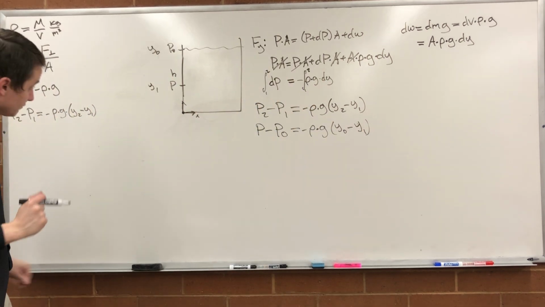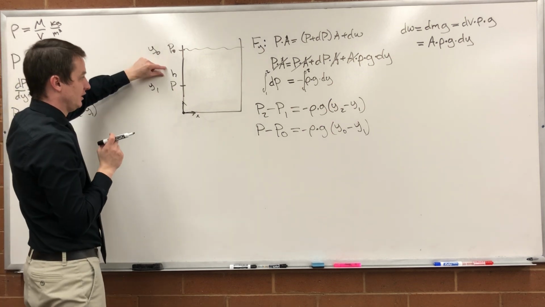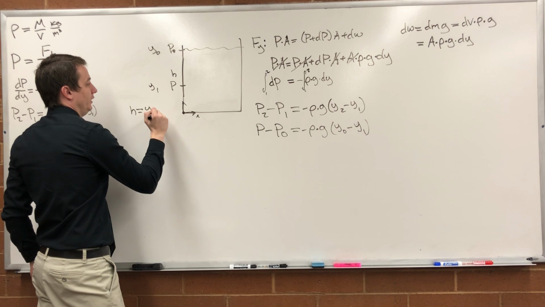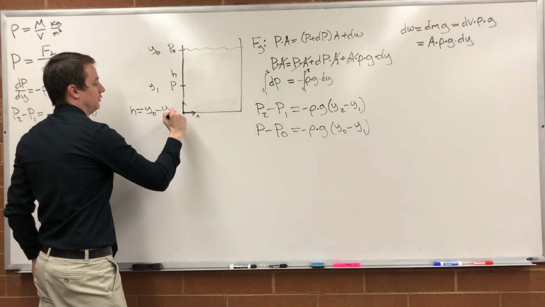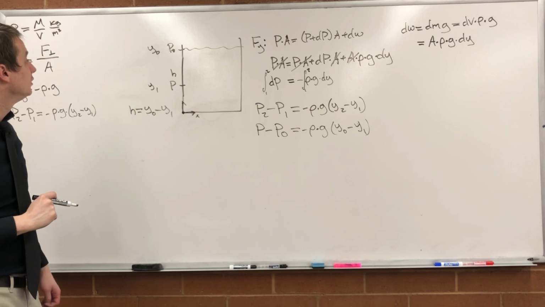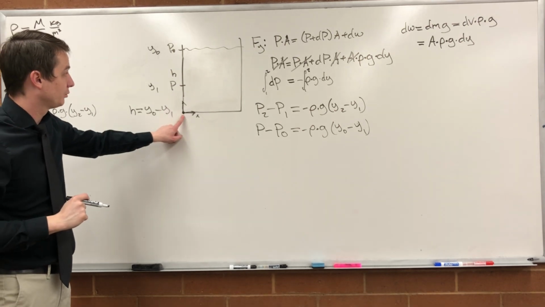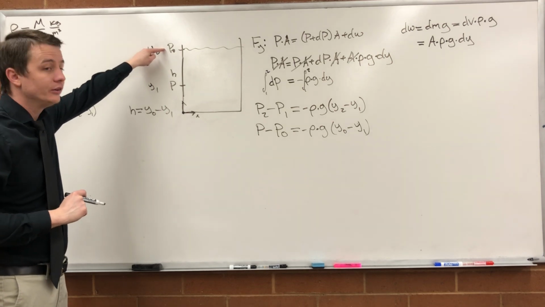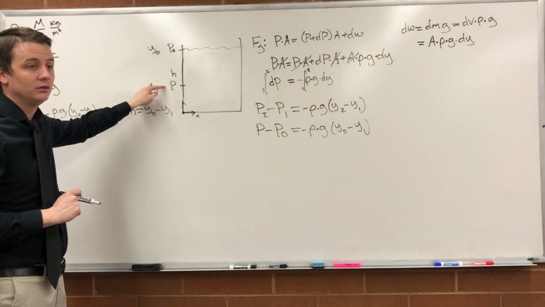Okay, now notice, what is H? H is equal to y naught minus y1, if you're saying this is your y-axis. Here's my xy axis. Y naught is a higher value than y1. Oh, yeah. Duh. Okay.